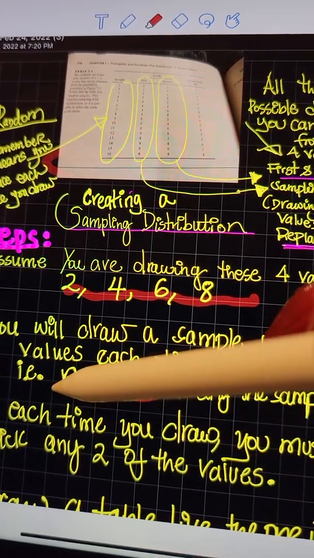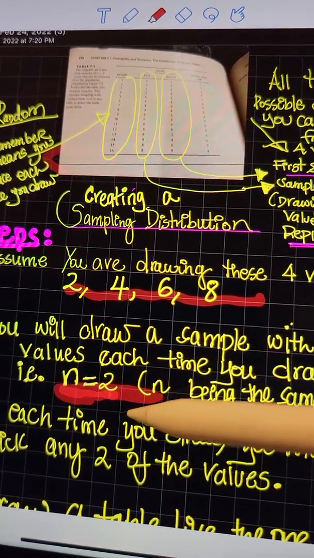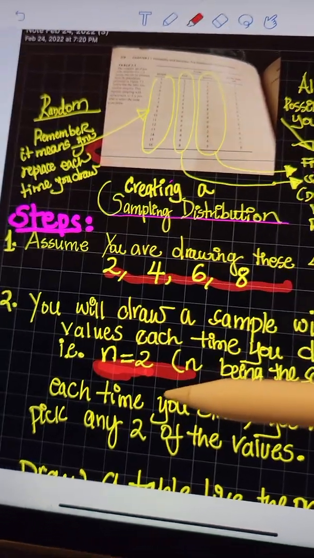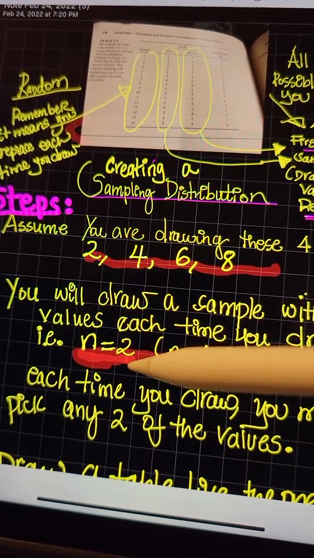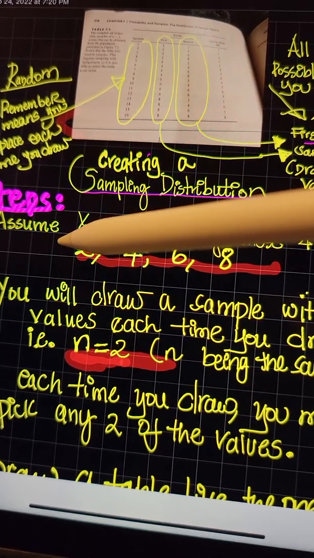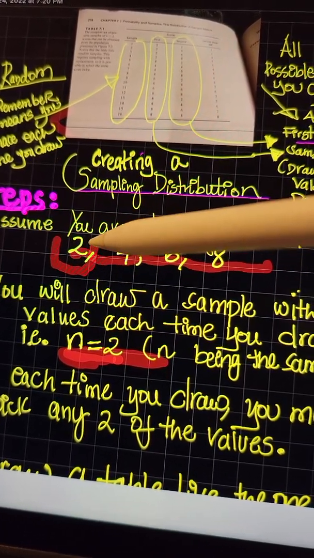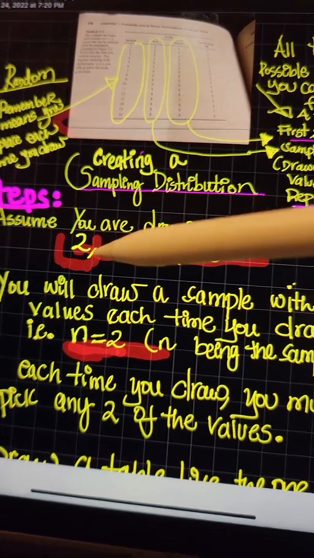samples. The size of the sample, that's why we have a small n, would be 2. So this only has 2 values. Remember, n equals 2. So if we were to draw 2 each time, how many combinations would we have?